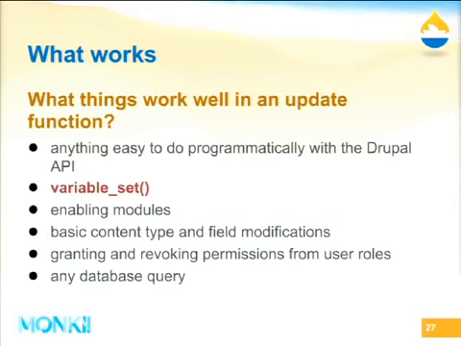So we used an update function. We looked through the entire database and changed everything that had the old value to the new value, and then modified the field. You can also use it for working with user permissions, pretty much anything that can go in a database query. Although, obviously, if there's a way to do something with the API over a database query, you should generally go with the API.